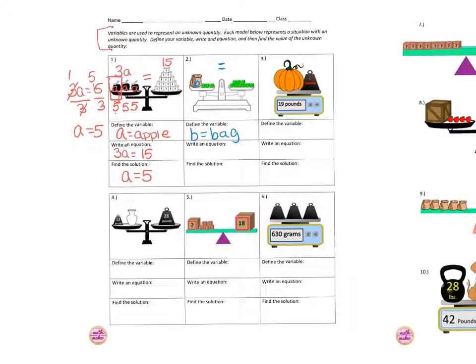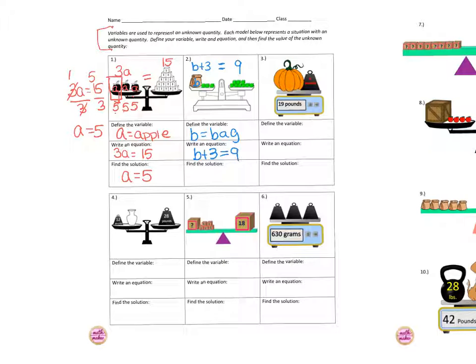They must be equal. On the left-hand side, we have our bag, but then we also have 3 units added to our bag. On the right-hand side, we have 9 units, and because they're balanced, we know that B plus 3 must equal 9. So I want to know the value of the bag. Our equation is B plus 3 equals 9.